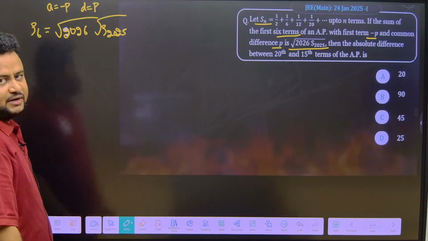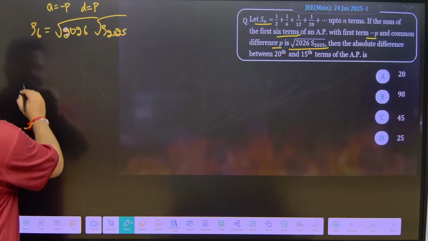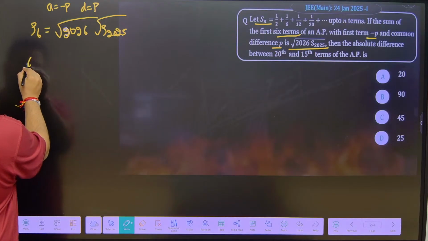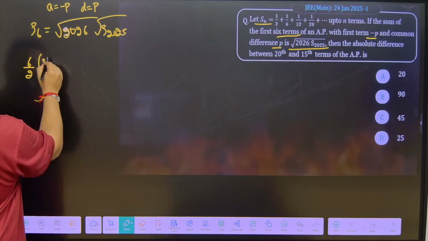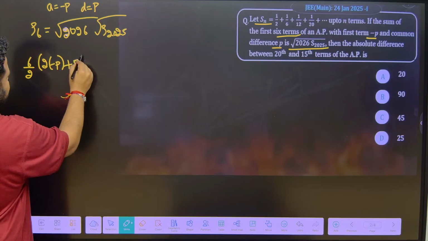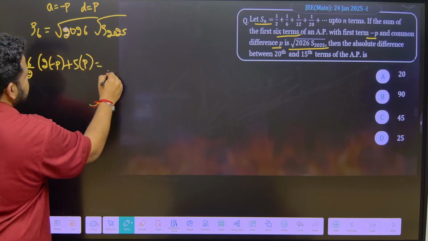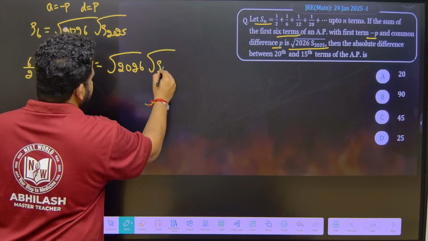Now, S6 I can write as, with n being 6, 6 by 2 into 2a plus n minus 1 into d. 2a is minus p, plus n minus 1 into d, here it is 5d, that is 5 into p. So this is equal to square root of 2026 into square root of S2025.